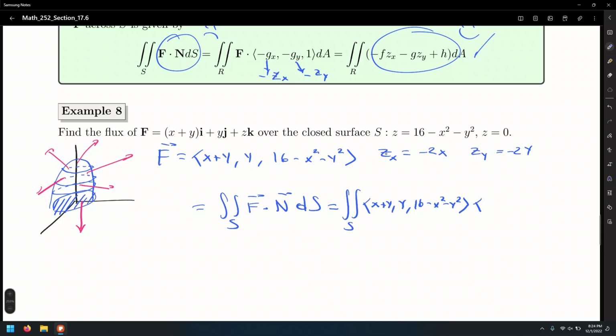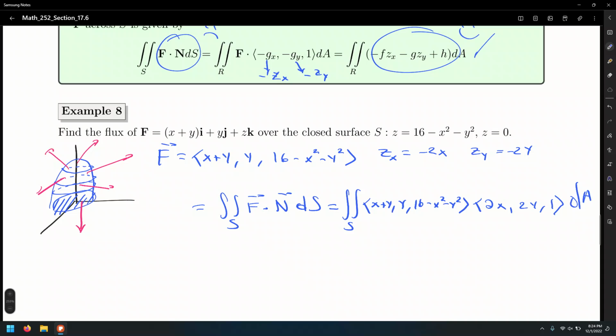Check how we got z sub x to be negative 2x. But because of this negative, careful with those signs, that's going to be 2x, comma, negative the derivative with respect to y, that's negative 2y, so that's positive 2y, and comma, simply 1 in this case. And this is dA. And let's just do the dot product of this.